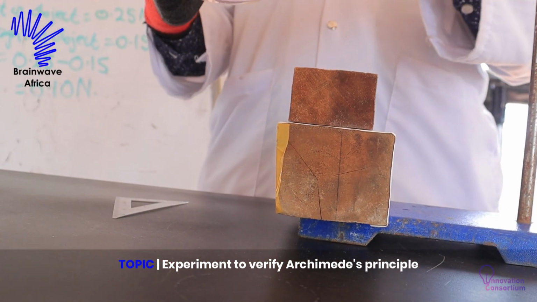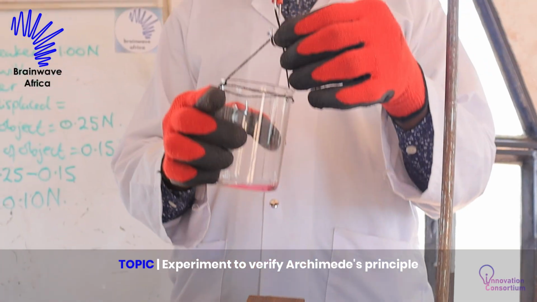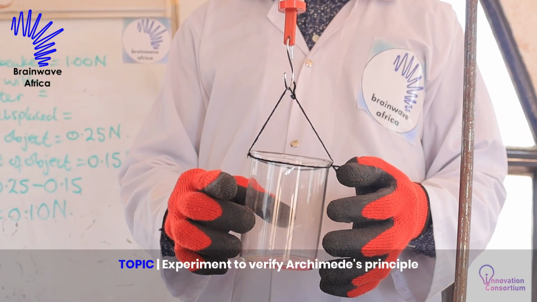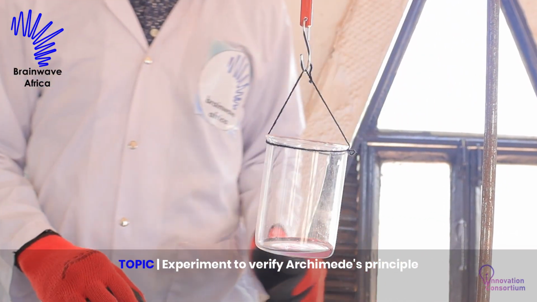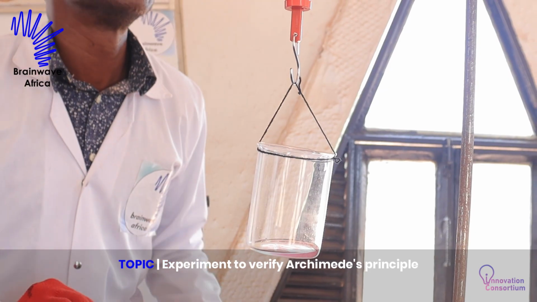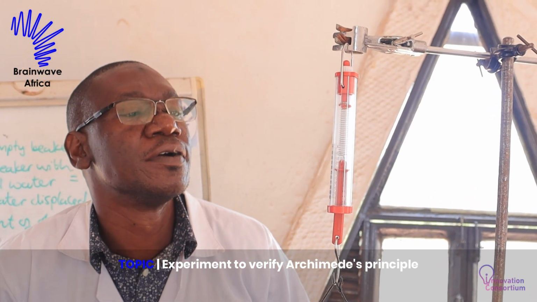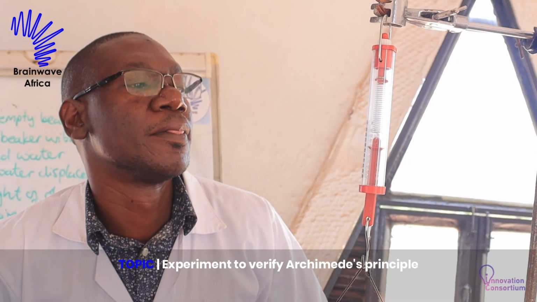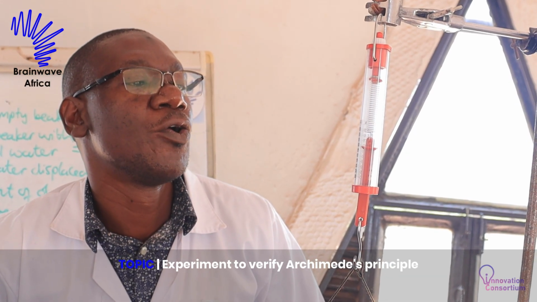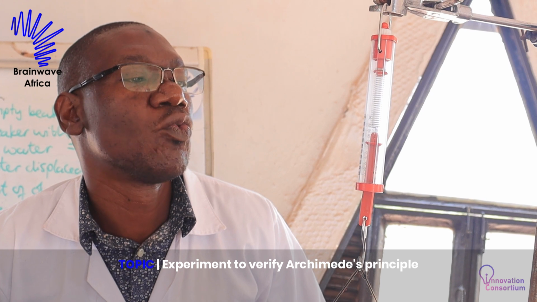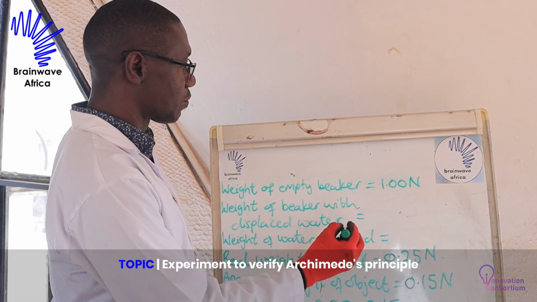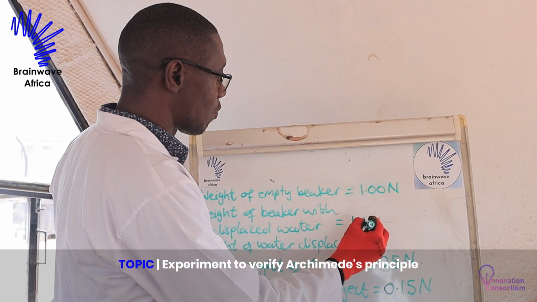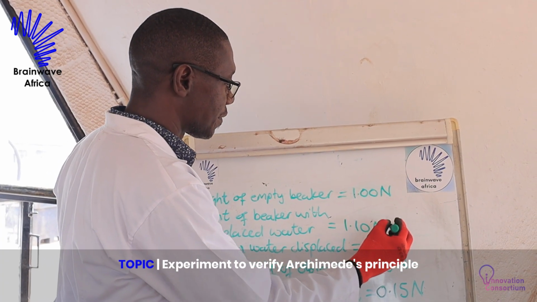We next determine the weight of the beaker plus the water displaced. The weight of the beaker plus the water displaced is 1.10 newtons.